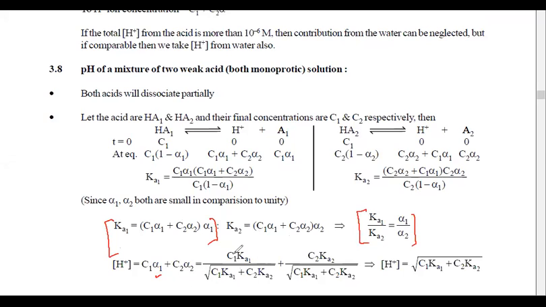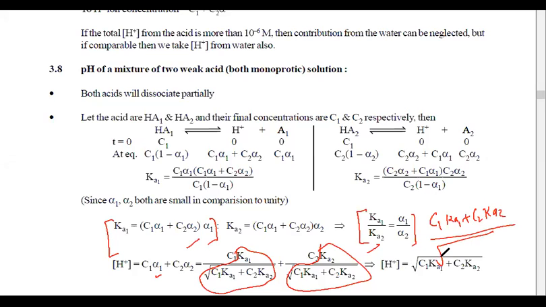So alpha 1 will be this, alpha 2 will be this, using this equation, right? And if you add them, you will get C1 Ka1 plus C2 Ka2 divided by the root of the same thing, Ka1 C1 plus Ka2 C2.